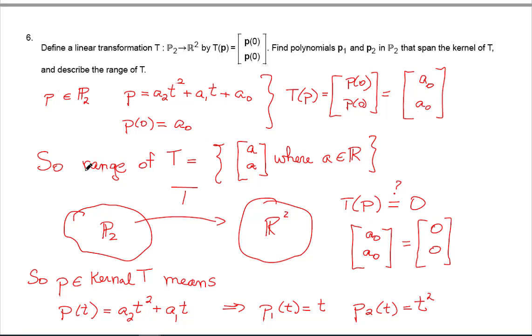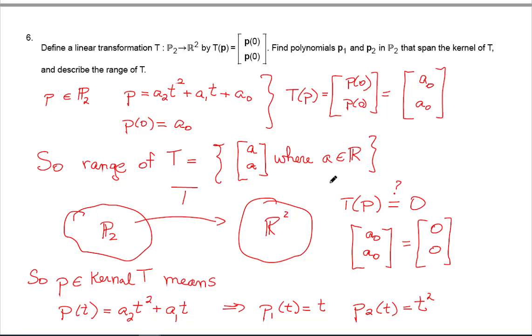So that means that the range of my particular transformation is the collection of all things in R2 of the form (a, a), where a is any real number. So all the points along the diagonal line, including the origin.